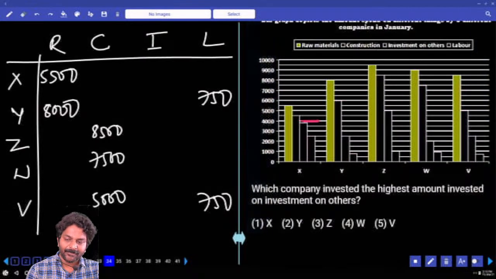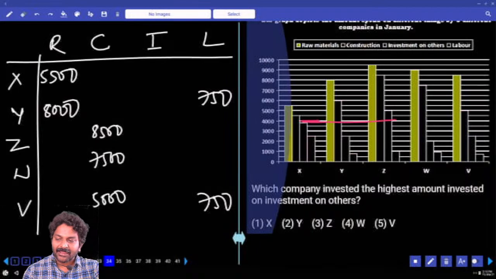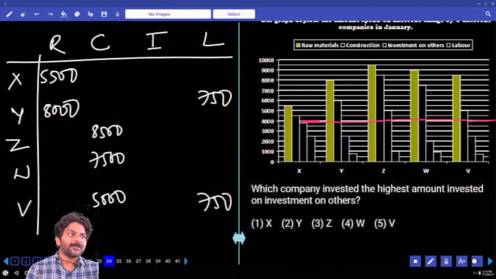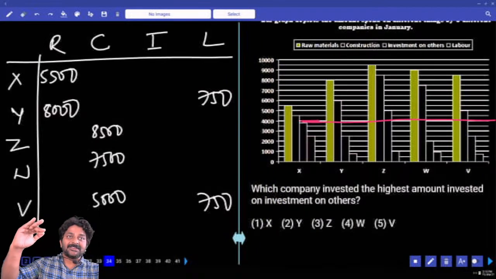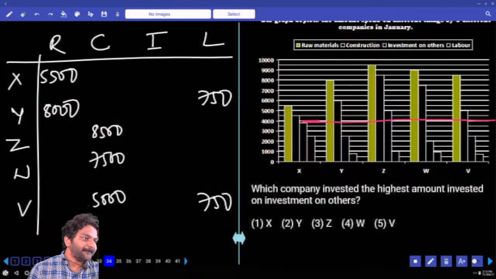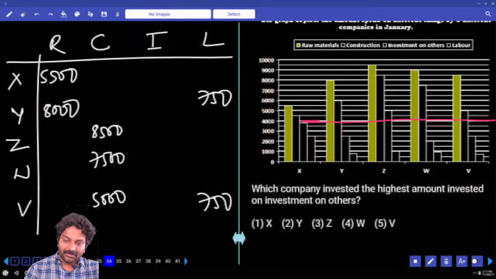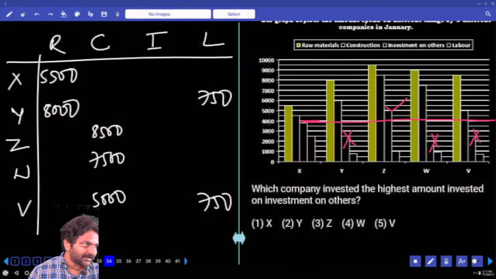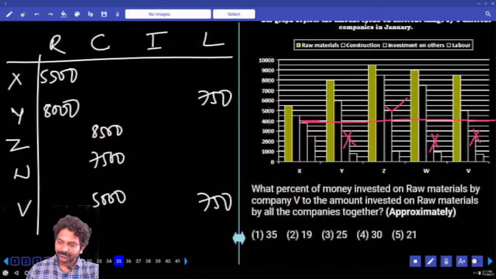Let's follow the line and observe which company is crossing that line. Which company crossed that line? Second, that's the highest one. Z. Yes? You don't have to write numbers.